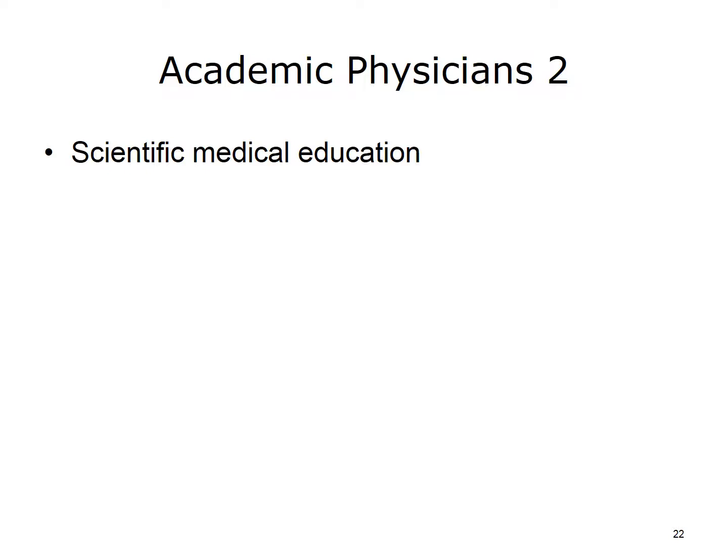Not only were the academic physicians emphasizing the scientific practice of medicine, they were also determined to practice scientific medical education. Although there were few offices of medical education in the 1960s, they began to flourish in the 1970s. Educational specialists were brought into medical school to help make medical education more scientific.